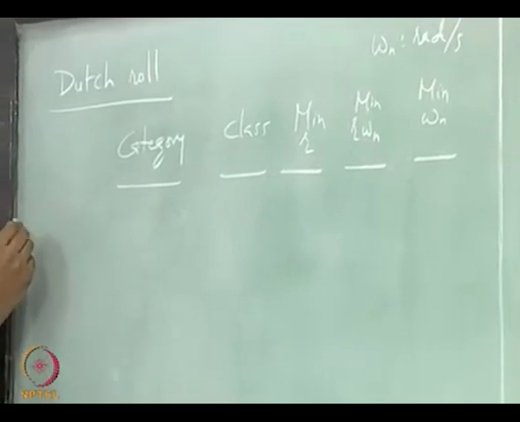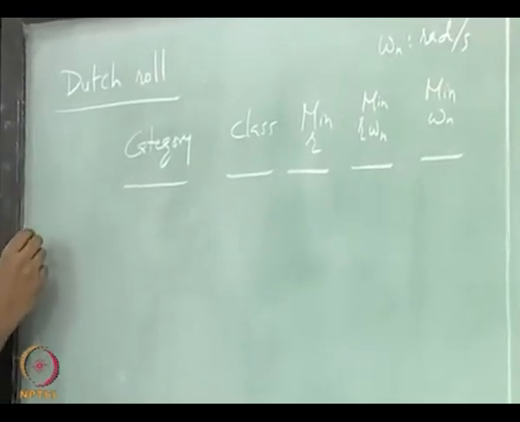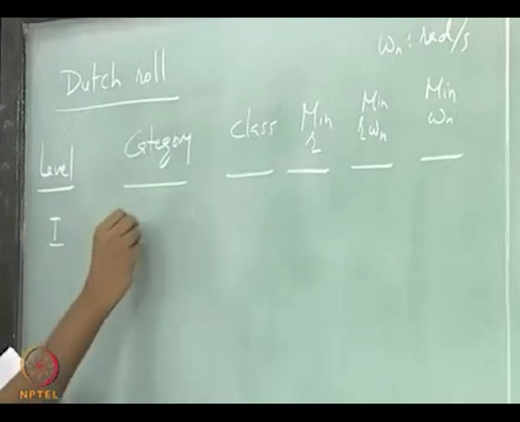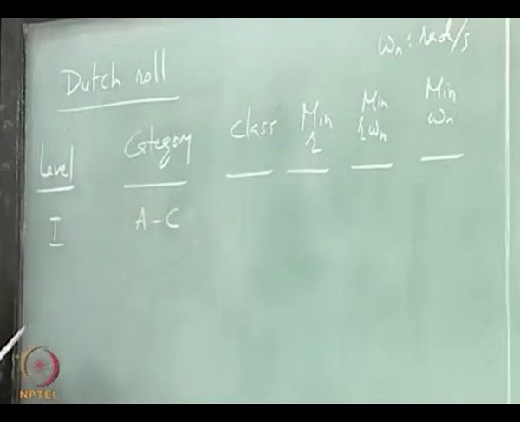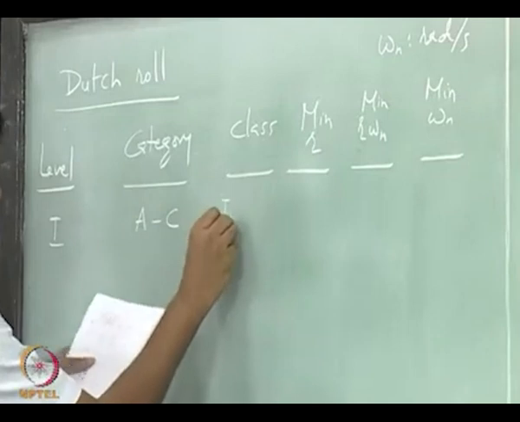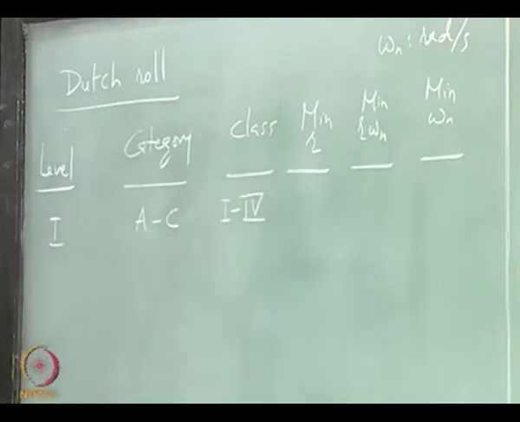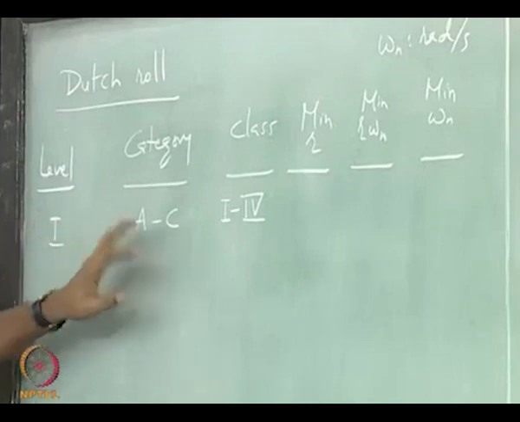Here I am writing level. So, level 1, category A to C, now this is slightly summarized, I am not giving you the whole table here.